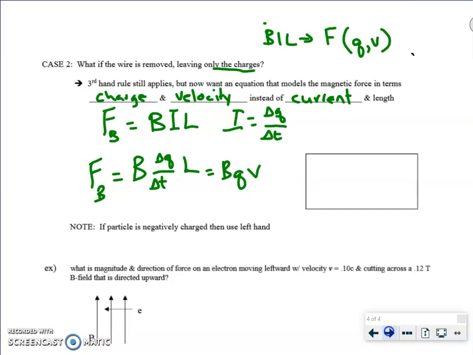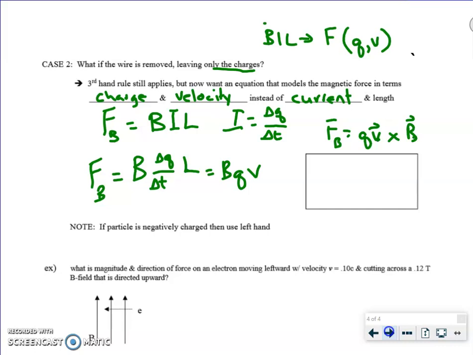So what you will see in your reference tables, once again, is a slightly different version of this. You'll see that the magnetic force, they'll put FM, but I put FB here, as the product of QV cross B. So the important thing is, like current and magnetic field, the motion has to be perpendicular to the B field for there to be a force.